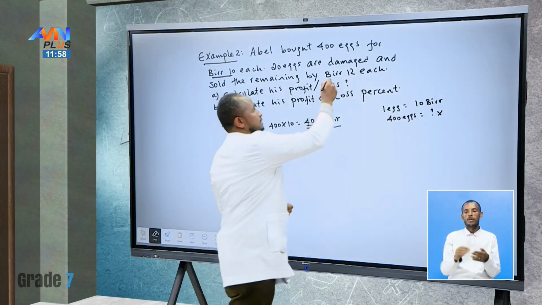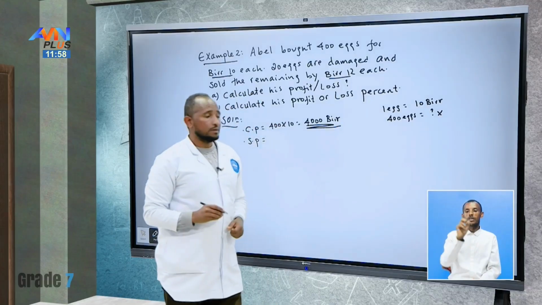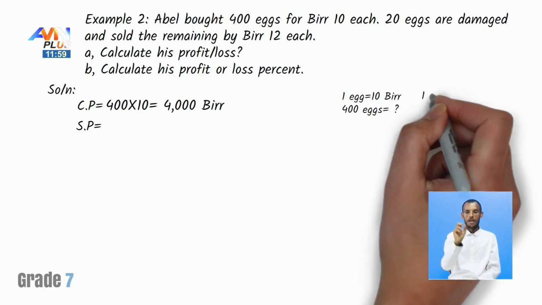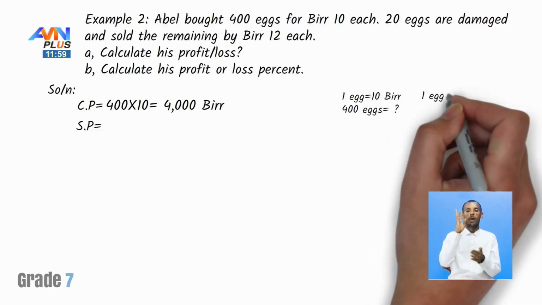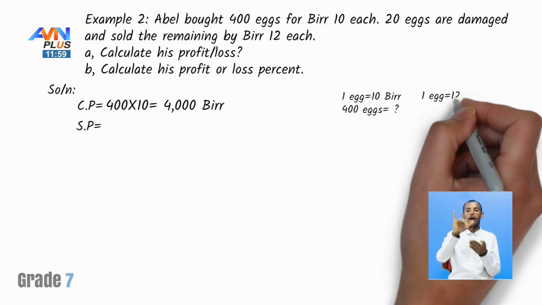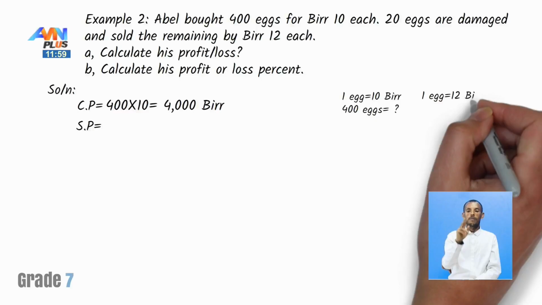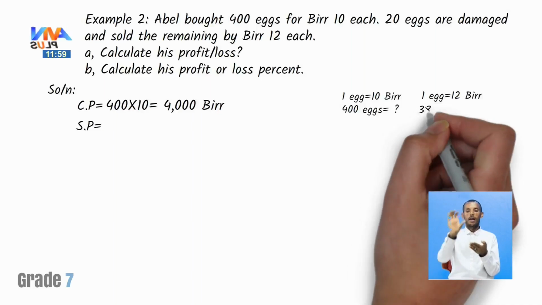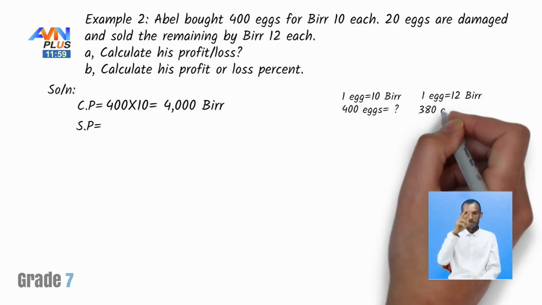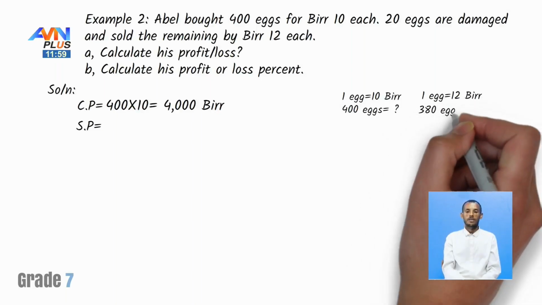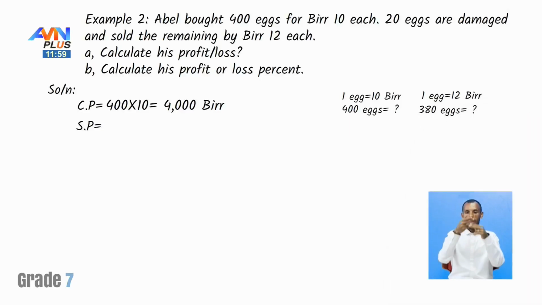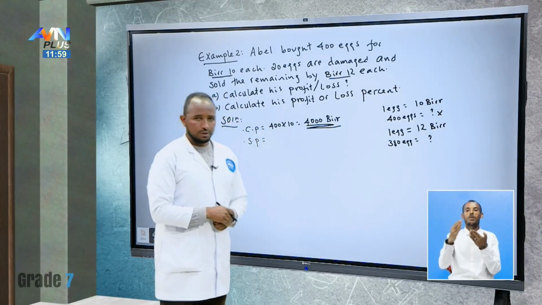It is 12 birr. So 380 eggs will be sold for how much?